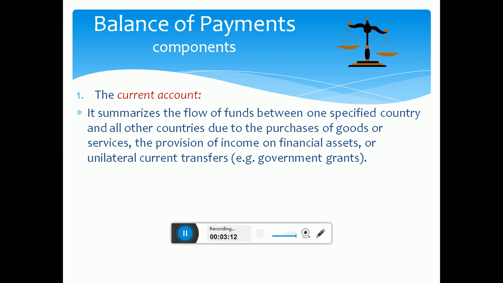From there they will receive income on those shares and those bonds. So we call it income on financial assets. Or unilateral current transfers. Unilateral current transfers mean government grants. Sometimes the government of Afghanistan gives grants to other countries, or sometimes other countries give grants to the government of Afghanistan. So it comes in the current account.